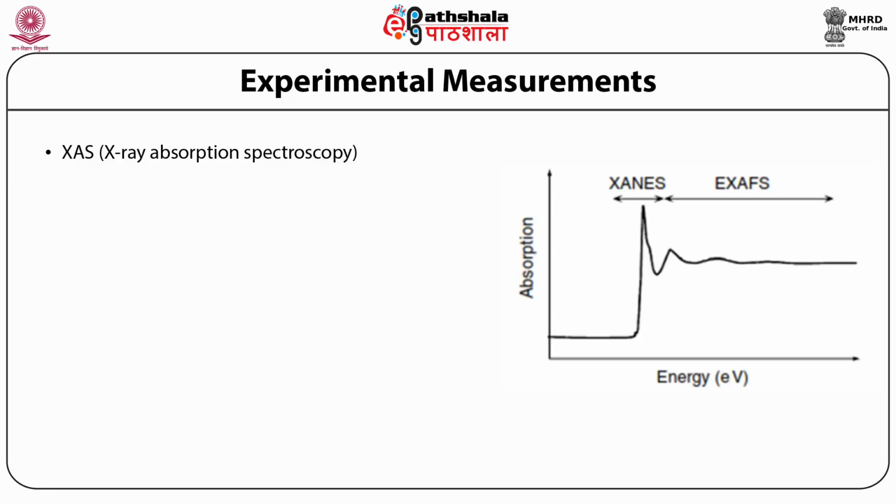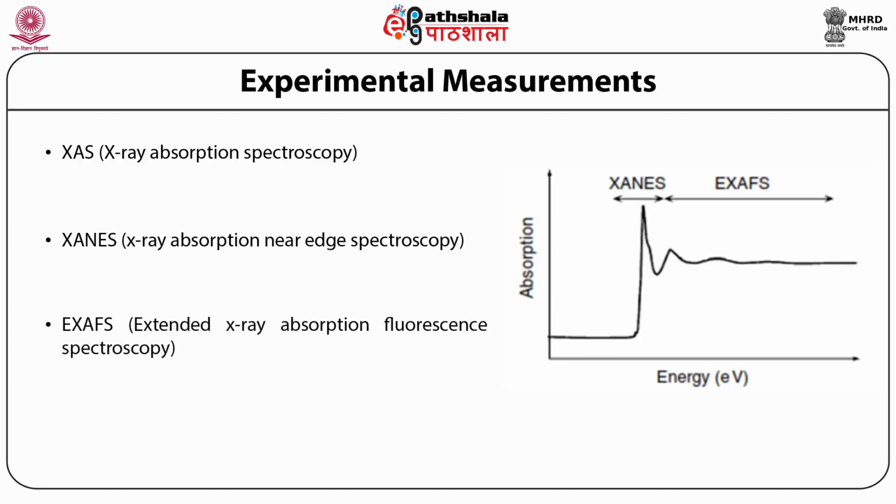This is the classification of X-ray absorption spectroscopy into two regions. XANES is X-ray absorption near edge spectroscopy, where we find the information from the peaks near the edge, and the second is known as EXAFS, or extended X-ray absorption fine structure spectroscopy.